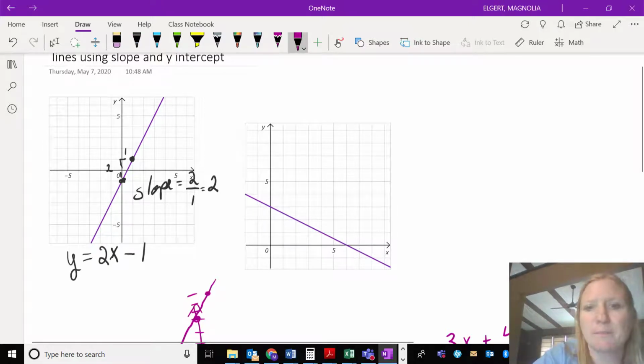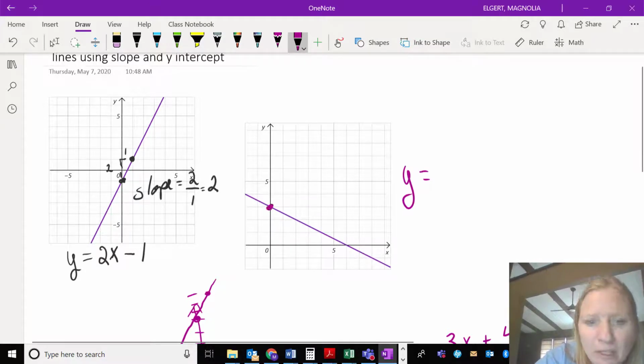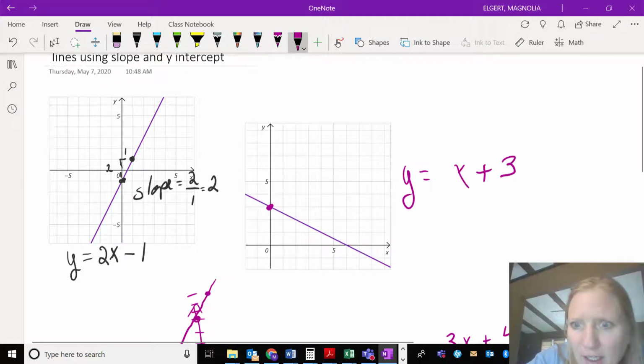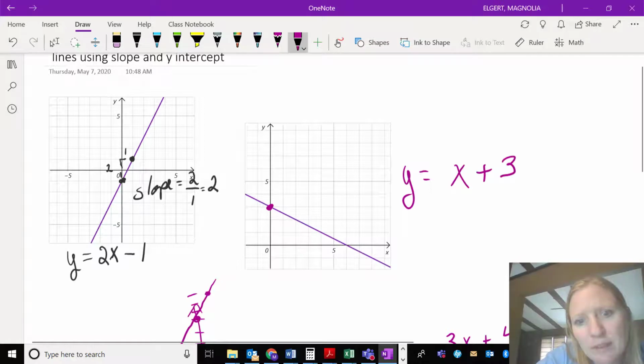All right, let's look at this one. Y equals, let's find the y-intercept first. Again, that's usually the easiest part to find. So that looks like it's 1, 2, 3, positive. So the end is going to be plus 3. It goes up 3. And I can put my x there. Now I need to find my slope. So I have this point. This one's not good, but this one is. Okay, so now this one went down. This one's negative.